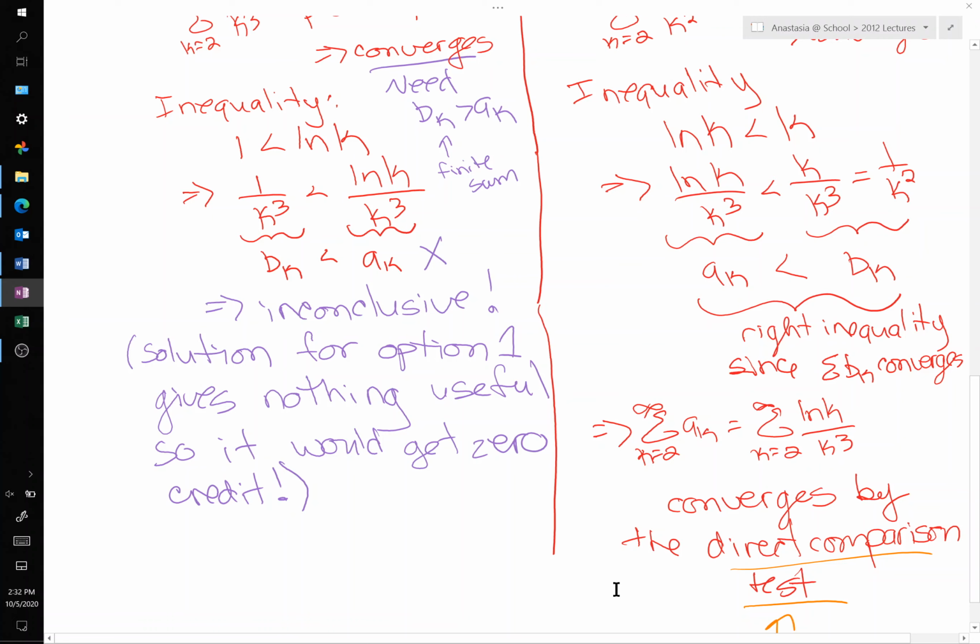And I will talk a little bit after the next section as to how you should decide between a particular series test for a given series. But I do want to finish talking about all of the different tests before I talk about how you choose which test. But anyways, what I was saying here for this example is make sure that you write which test you're using. In this case, we are using the direct comparison test, and we have concluded that our series converges.